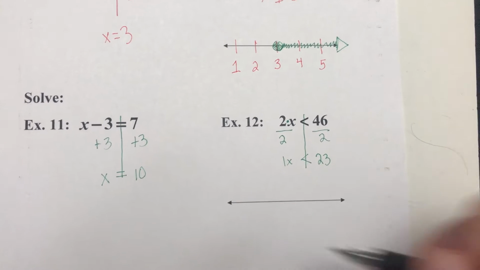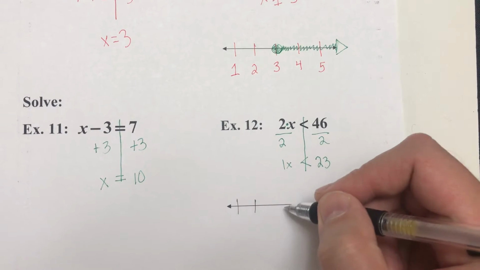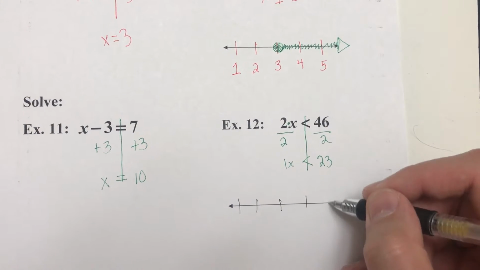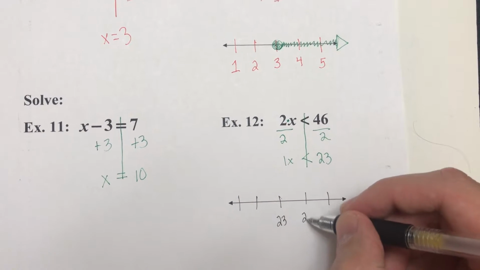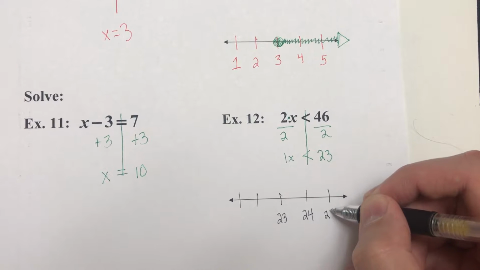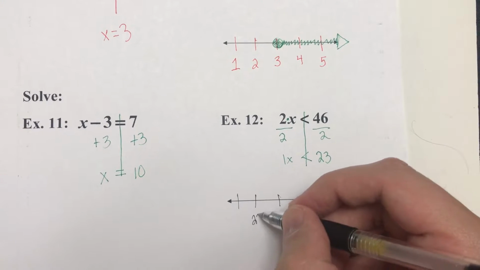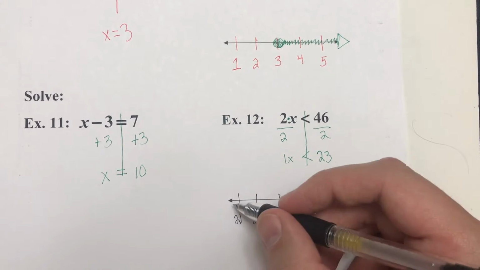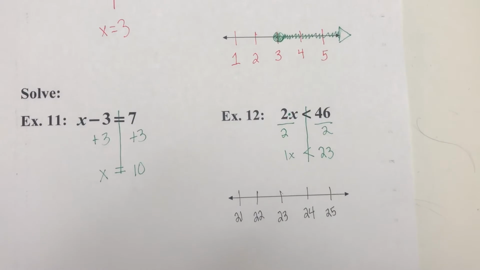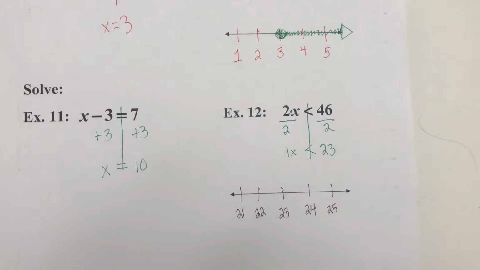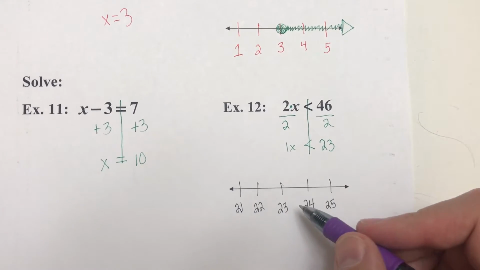As we draw the 5 numbers on our number line, again put 23 in the center, one higher is 24 and 25, lower 22, 21, and we could continue to extend the number line forever in each direction. But we are most concerned with right here.